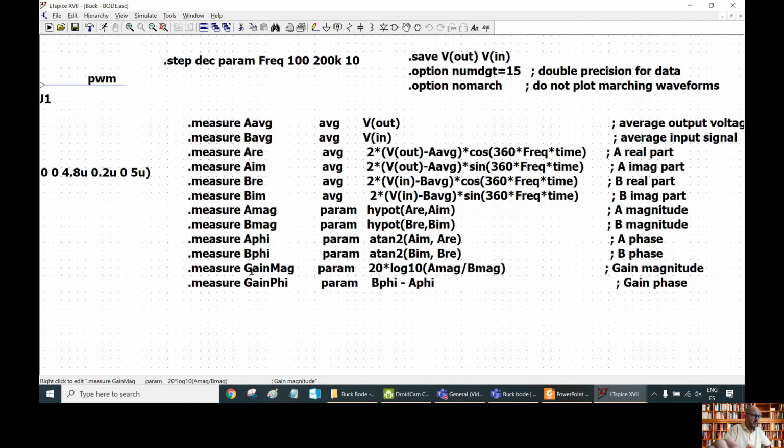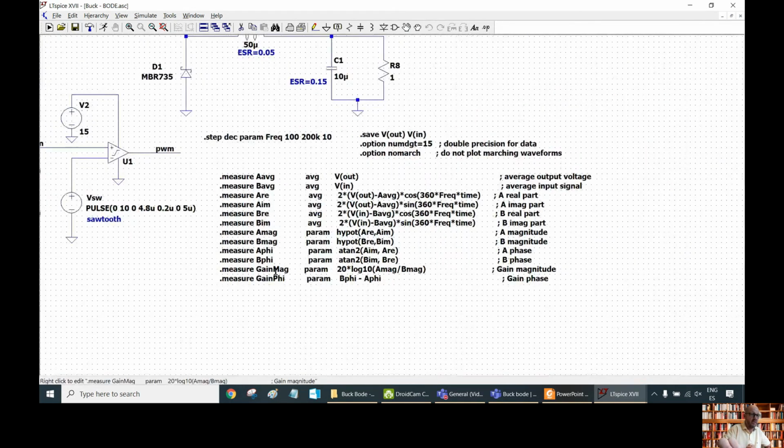Then finally, with the well-known expression, we calculate the gain magnitude in decibels, and then the phase of the gain. Here we have to do a correction. We have to do the phase at the input minus the phase at the output, because we know that the phase is going to be 0 and then decreasing, so we want to have a negative phase in our representation, so we need to do it like this.